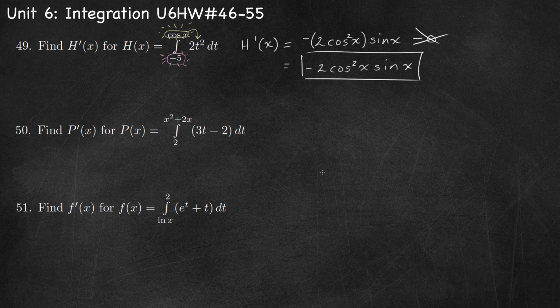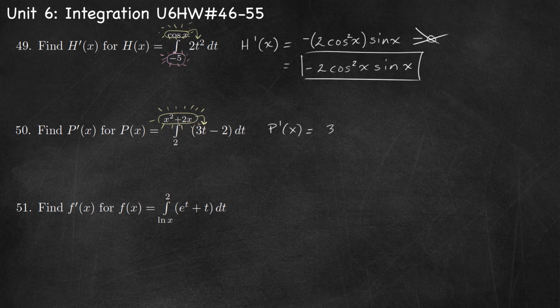Number 50, we want p prime of x if p of x is the integral of 3t minus 2 dt from 2 to x squared plus 2x. So p prime of x is going to be, now we want to sub in x squared plus 2x in for the t, and then multiply by the derivative of that.